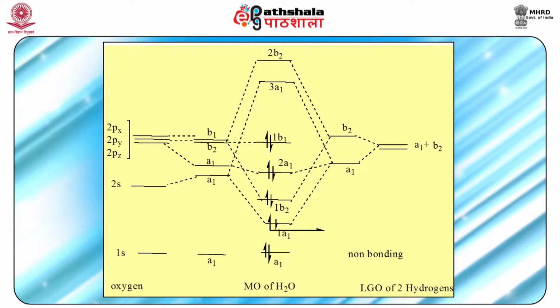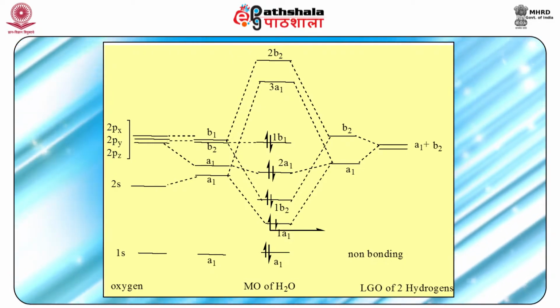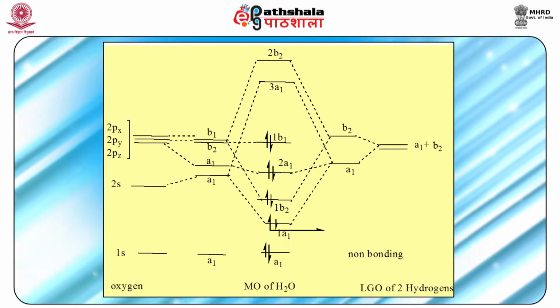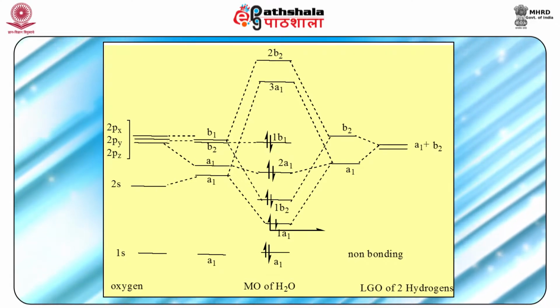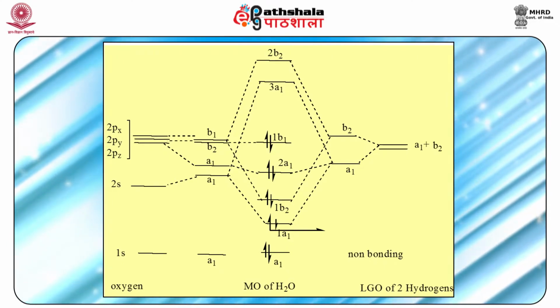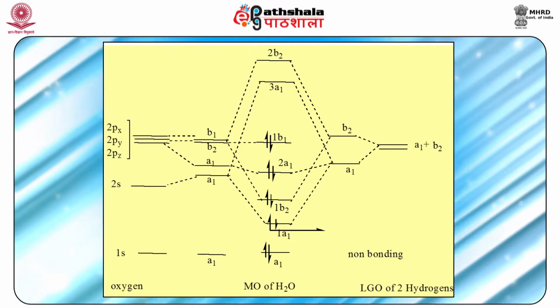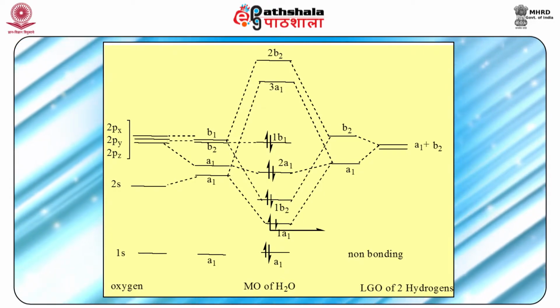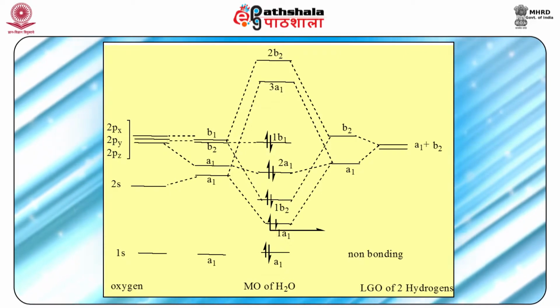These are the molecular orbitals, and the filling of the electrons in the MOs of the water molecule is also shown. This is a qualitative picture of the molecular orbital diagram of the water molecule. That is, the various orbitals shown here have relative energies only, not exact energies.